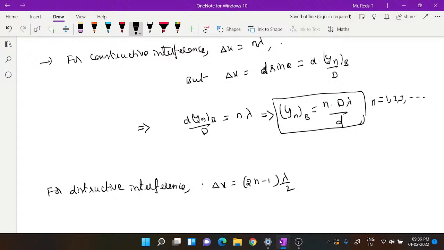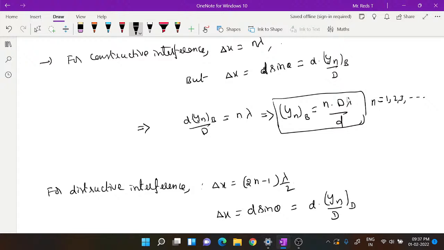Similarly for destructive, phase difference is 2n minus 1 into pi if the path difference is 2n minus 1 into lambda by 2. In Young's double slit experiment we have obtained delta x equal to d sin theta, and sin theta is equal to tan theta, which is the position of that fringe by D. If you take it as destructive interference, that fringe is the dark fringe, so we consider the position of the nth dark fringe by D.